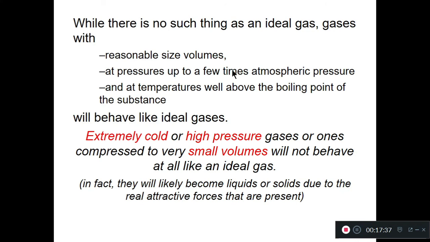When they collide, they may have a sticky collision and tend to stick together because the attractive forces can sometimes win out. So cold, high pressure, small volume gases are not going to behave like a very ideal gas. And when I try to use these equations on gases under those conditions, I'm going to have a lot of error. My calculations are not going to be very accurate, so I should be aware of those situations.